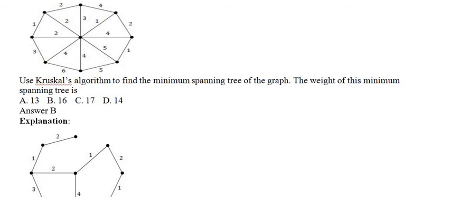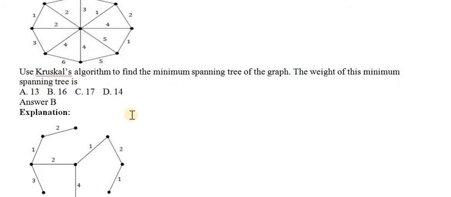Next, I want to go for 3. Here this 3 is there, this 3 is there, and only two 3s are there, right? If I take this 3 here, it will be a closed path, so I want to skip that, but I can take this 3. After that, 4.